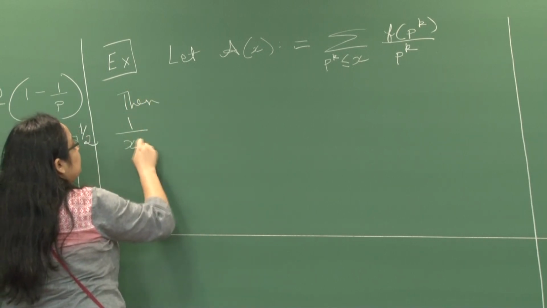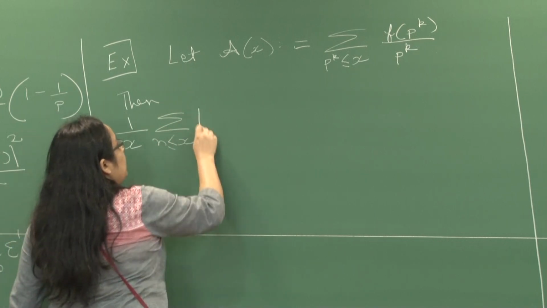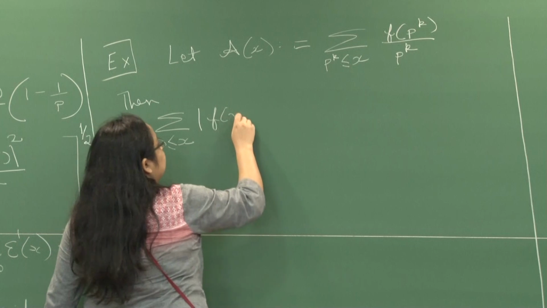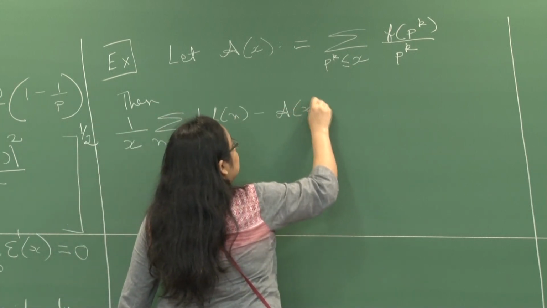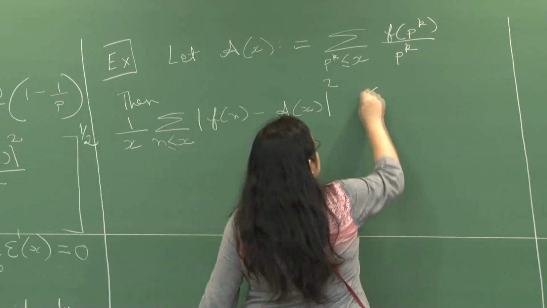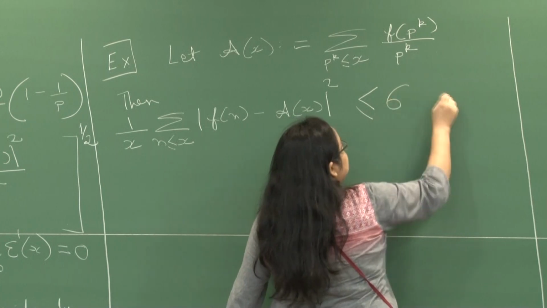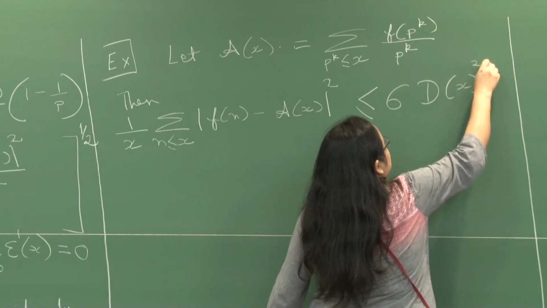1 over x summation n up to x absolute of f of n minus A of x whole square turns out to be less than or equal to 6 times D of x whole square.